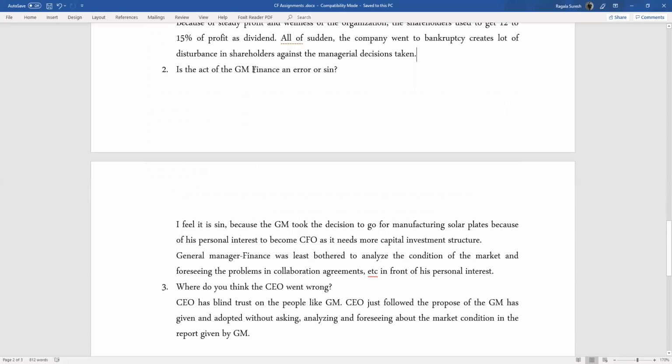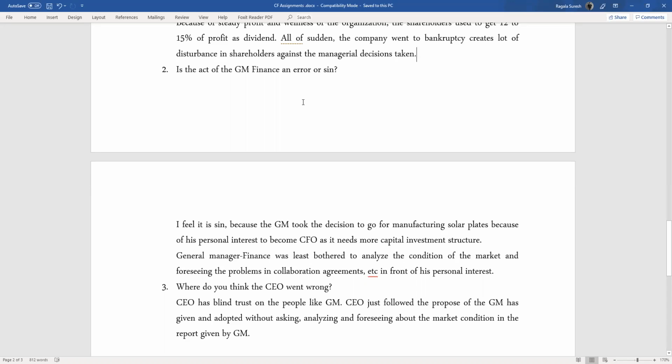So, is the act of the GM Finance an error or a sin? From my perspective, I think it is a sin, because he was looking at his personal growth. He didn't look at the condition of the economy and the market, and the hurdles or difficulties we face in getting the agreements for manufacturing solar plates.